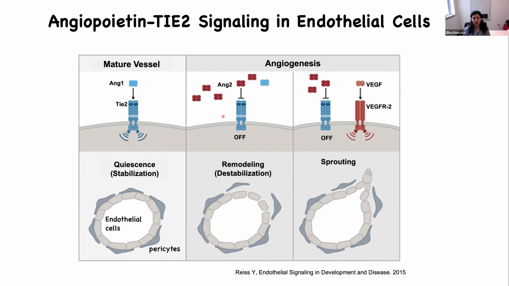Angiopoietin-2, in the most general case, shuts off the phosphorylation of the receptor. In absence of VEGF, there is destabilization of the vessels. But when VEGF is present and communicates with VEGF receptor 2, the two receptors can dimerize and promote active angiogenesis and sprouting.